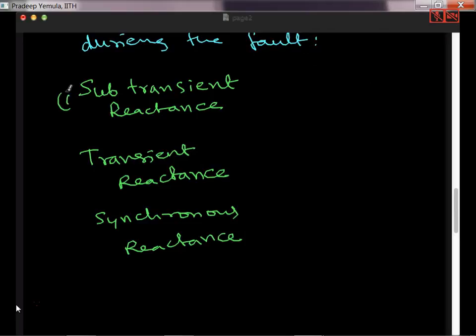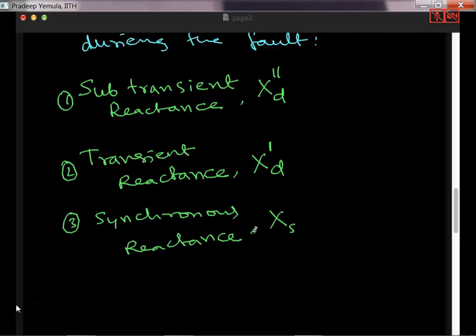So these are the three different types of reactances that a generator has. Now the subtransient reactance is denoted by Xd double dash, the transient reactance is denoted by Xd single dash, and finally the synchronous reactance is defined as Xs.